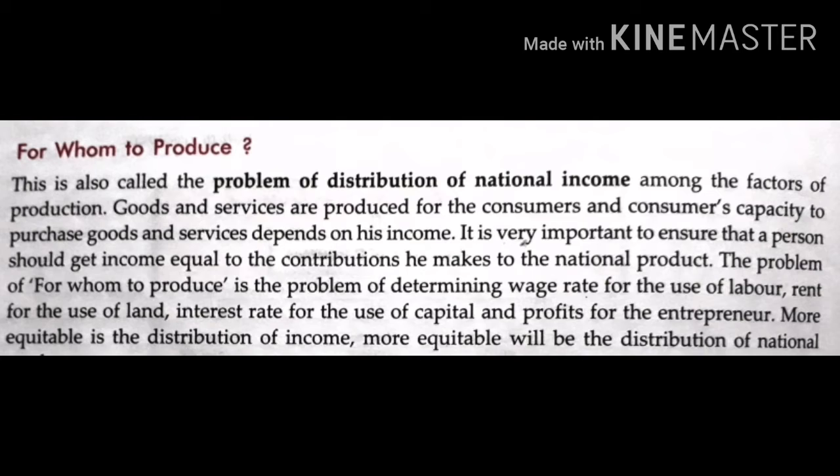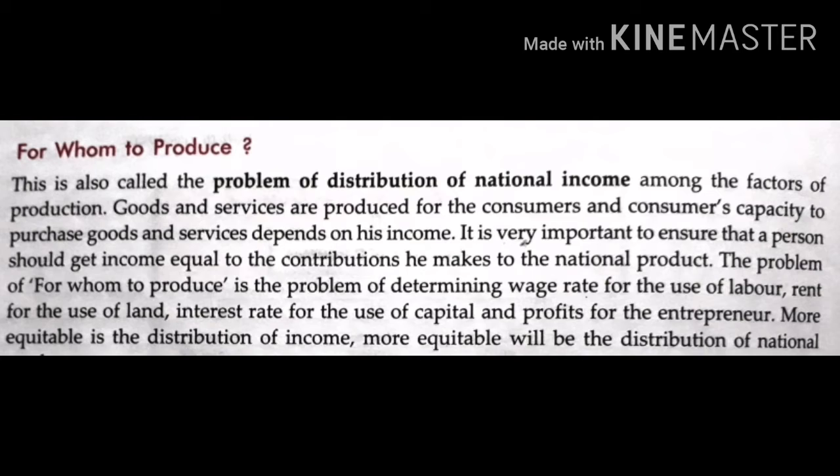This is also called the problem of distribution of national income among the factors of production. So the for whom to produce problem is also called the distribution of national income. As you may know, when all three sectors, primary, secondary and tertiary, produce goods and services, we take the money value of all these goods and services together within the domestic territory during a particular year.